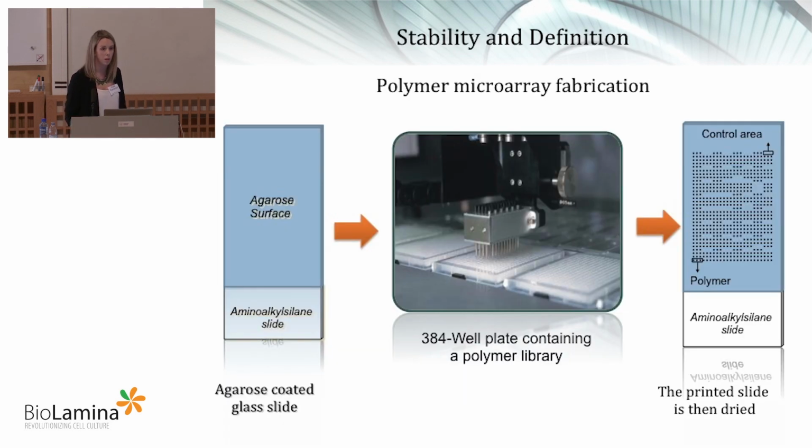So in an attempt to overcome this, we looked at screening various different polymers. This is in collaboration with Professor Mark Bradley at Edinburgh University, who developed a microarray approach using 384 well plates, and then we can print triplicates or replicates of the polymer onto agarose slides and culture cells with these to screen at high throughput to see what our cells would like.